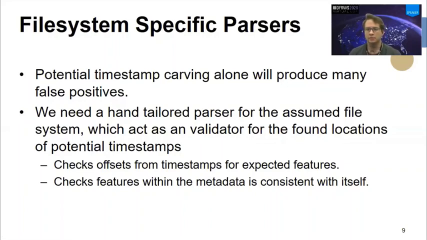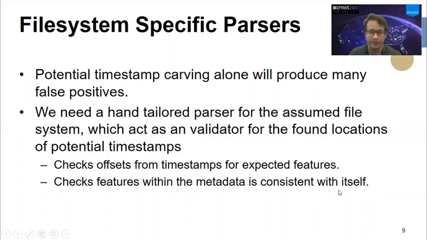Basically, what the tools do in general is check offsets from the timestamps for expected features. The timestamps are used as anchor points, and you can look at the features you would expect to be offset from the timestamps in the metadata entry. Then we also check features within the metadata entry to ensure it's consistent with itself.